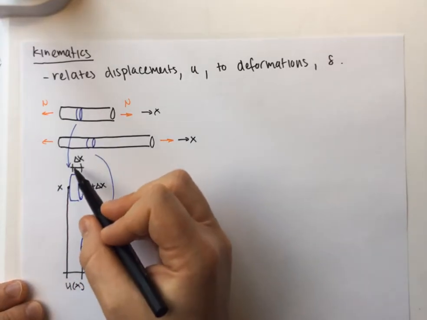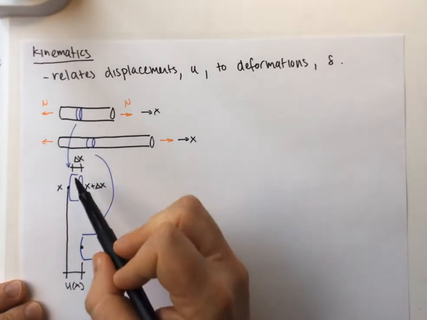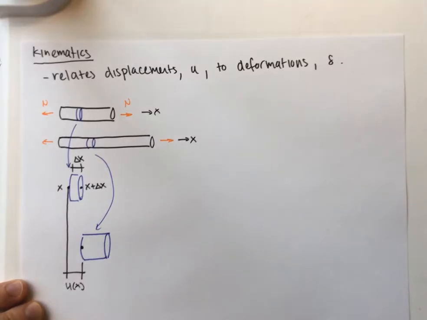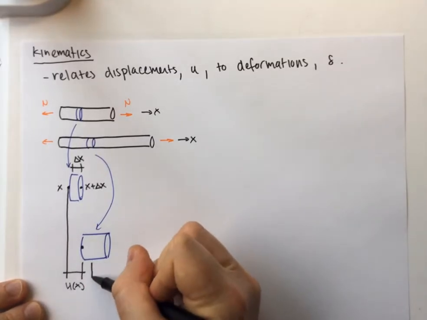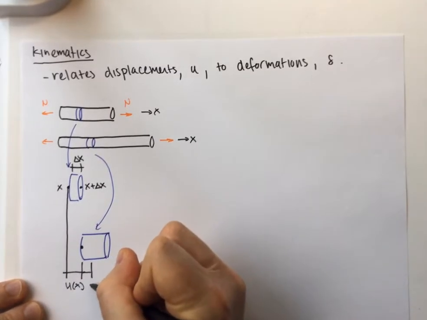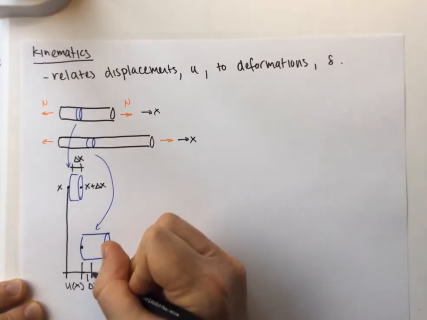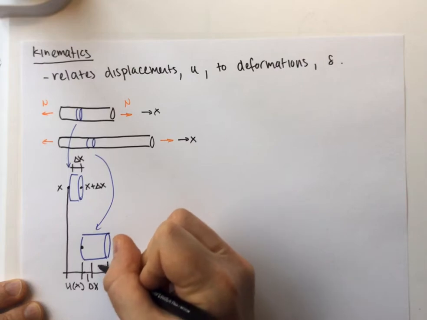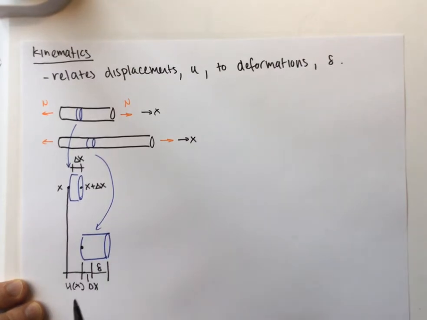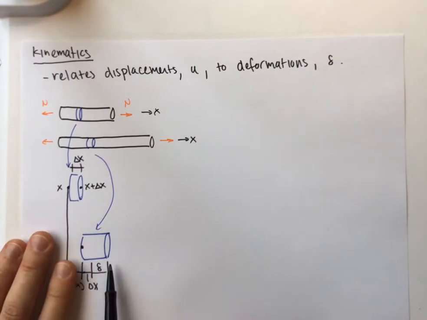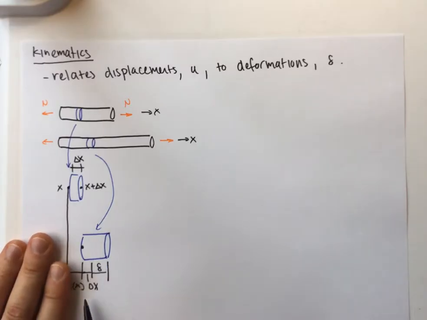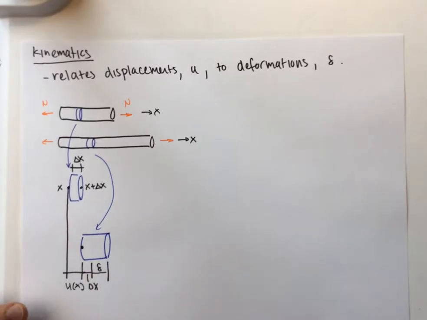Now, we started off with a little slice of rod that was delta x long, and we're still going to have that same length down here. But now, in addition to that, we're going to have some deformation delta. So now the overall length of our slice is delta x plus little delta.